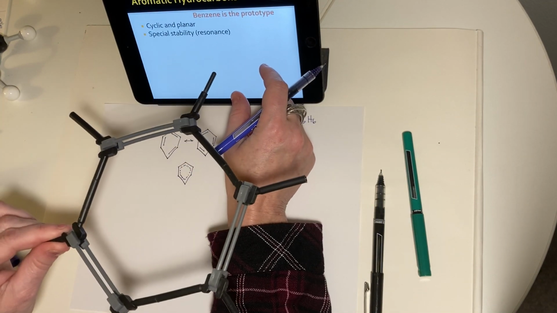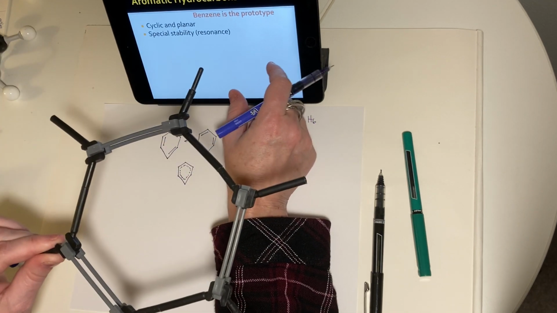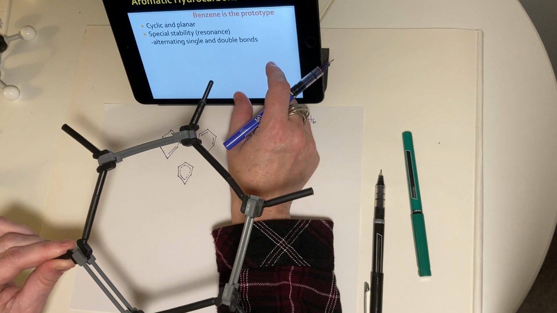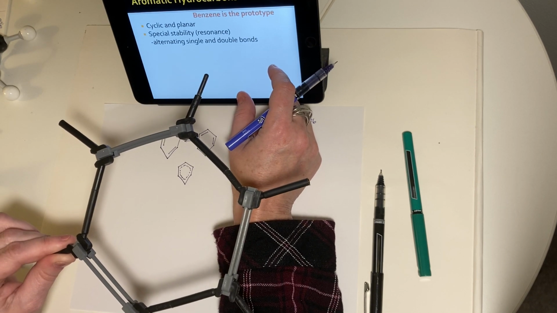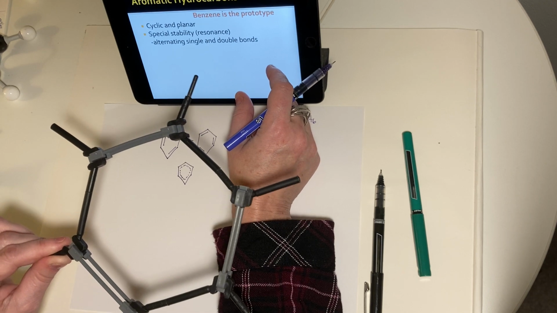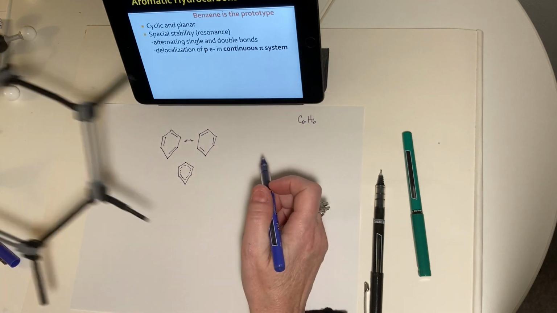It has a special stability because of this resonance form idea. Alternating single and double bonds are very interesting in organic chemistry because there are a lot of ways electrons can spread in this kind of system.